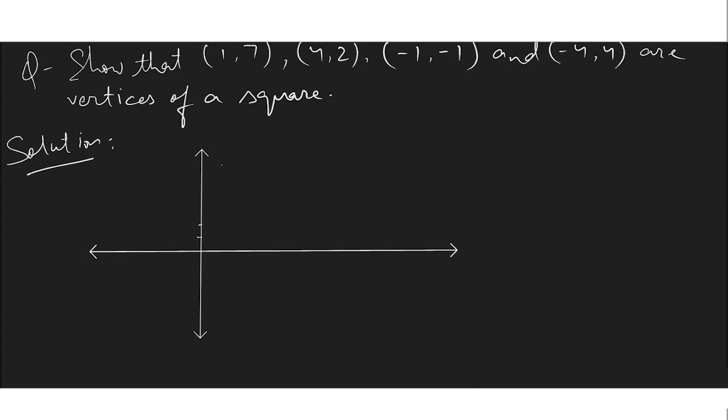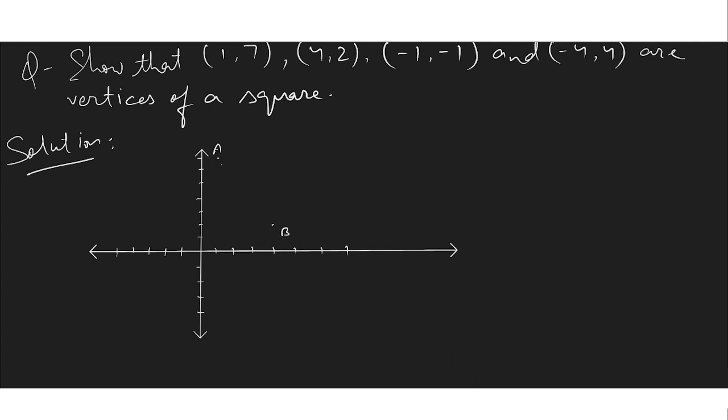See, 1, 2, 3, 4, 5, 6, 7. 1, 2, 3, 4, 5, 6, 7. So let us first look at these points here. 1 and 7. This point will be somewhere around here. Let's say this is the point A. 4, 2, somewhere around here.